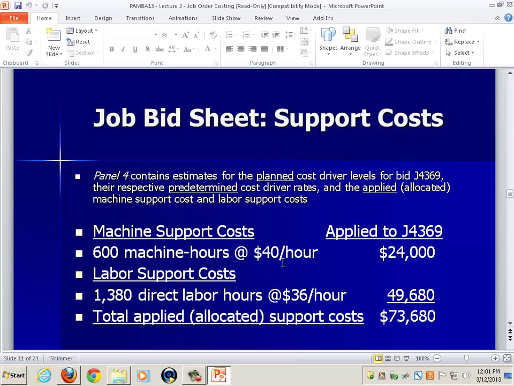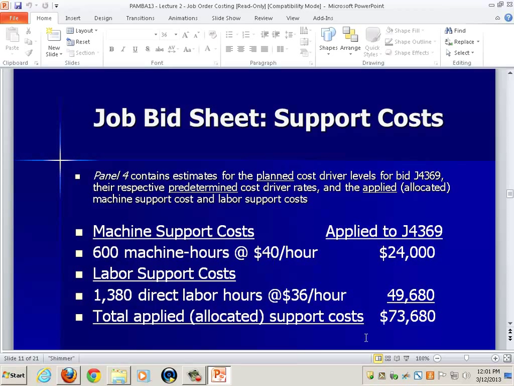And you use this 36 the same way as you use the 40. So you get the allocation of indirect labor to this particular job. And you sum them up and you get the total applied or allocated support cost for this job.